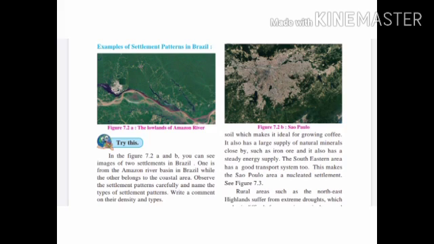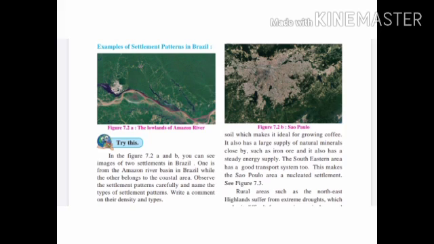The major reasons for development are as follows. Although the coastal climate is hot and humid and flat land is limited due to rugged topography, the region has a good water supply and a large range of natural resources. For example, Sao Paulo has an extensive area under rich soil, which makes it ideal for growing coffee.